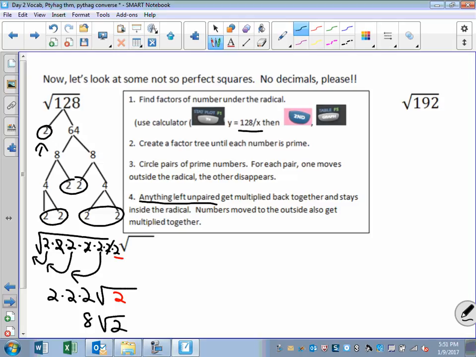Okay. Now if we look over here at 192, I always do 2 if it's an even number because you know it's at least divisible by 2. So we got 2 and 96. 96 is 2 and 48. 48 is 2 and 24. 24 is 2 and 12.